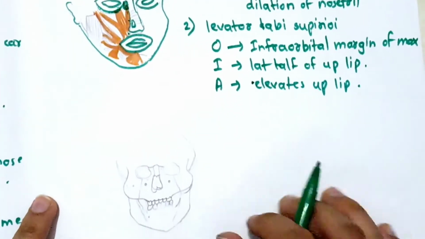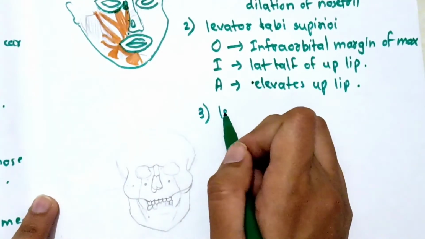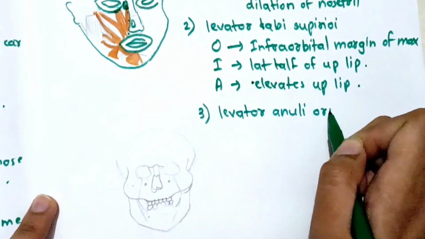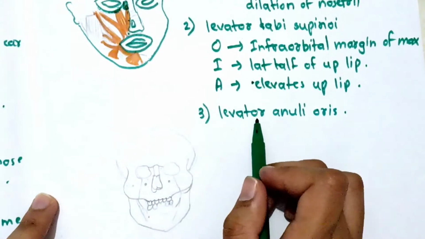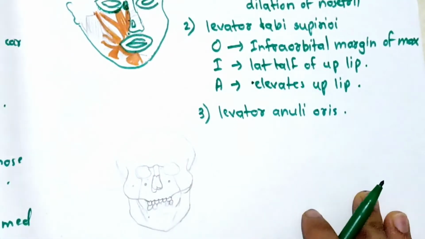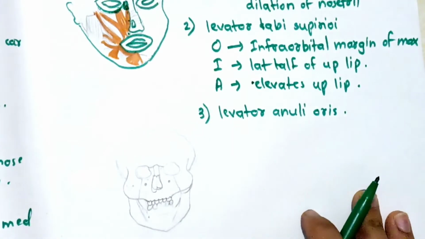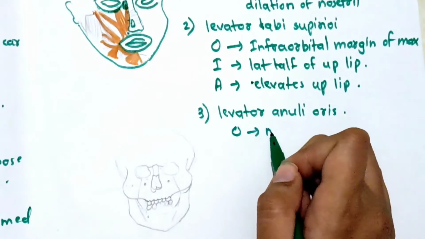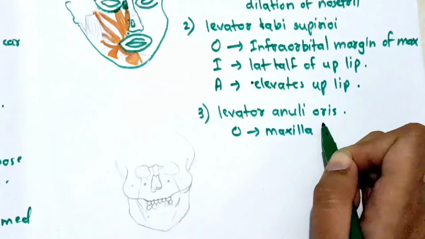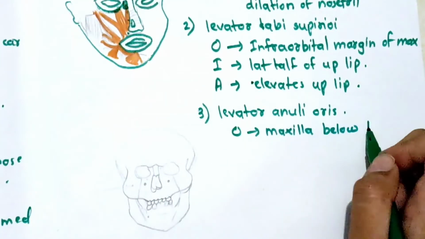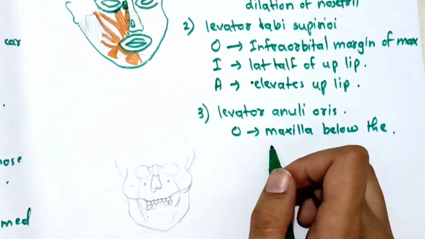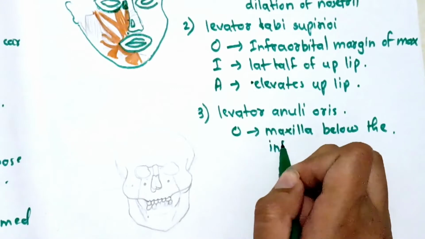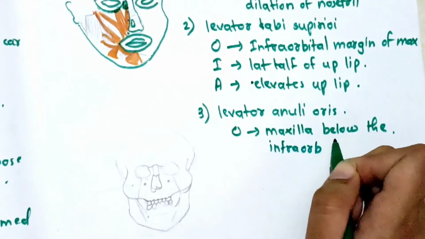now what is third muscle? Third we have levator anguli oris. So as the name shows, it elevates the angle of mouth. So insertion will be obviously on the angle of mouth. And now let's see the origin. So the origin is on maxilla below the infraorbital foramen.